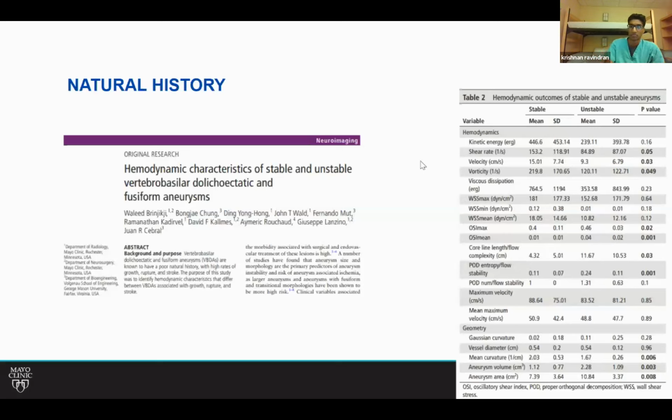And the findings were similar to what was expected. Most notably, the wall shear stress wasn't markedly different between aneurysms that were just deemed stable versus unstable. The most important finding was that the velocity was substantially lower in unstable vertebrobasilar dolichoectatic aneurysms.